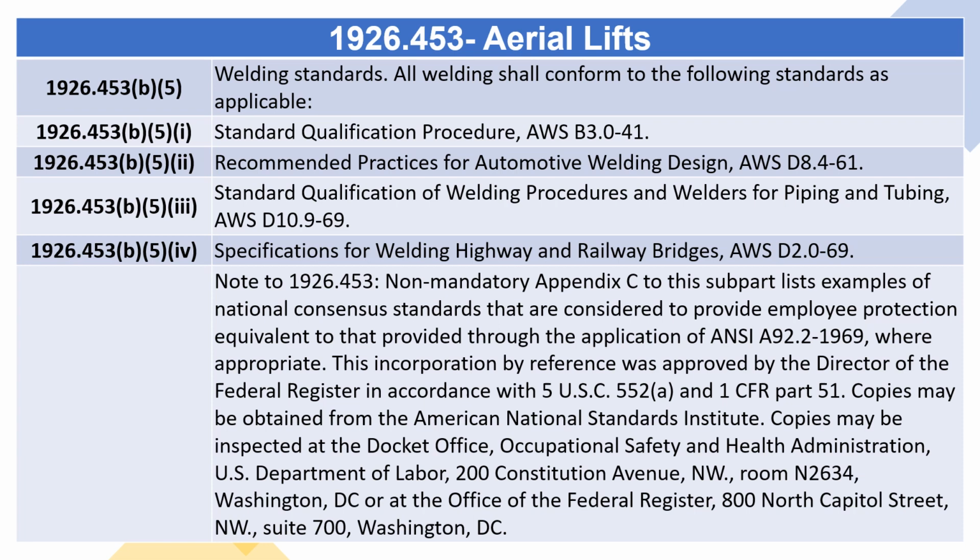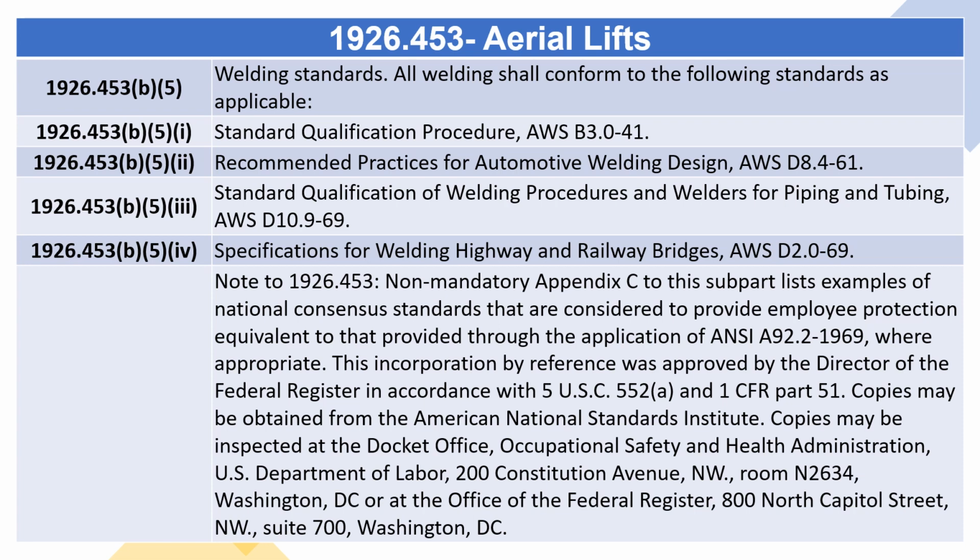Note to 1926.453: Non-mandatory Appendix C to this subpart lists examples of national consensus standards that are considered to provide employee protection equivalent to that provided through the application of ANSI A92.2-1969, where appropriate. This incorporation by reference was approved by the Director of the Federal Register in accordance with 5 U.S.C. 552, and 1 CFR Part 51.